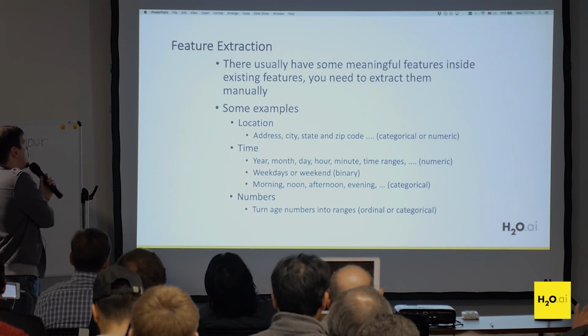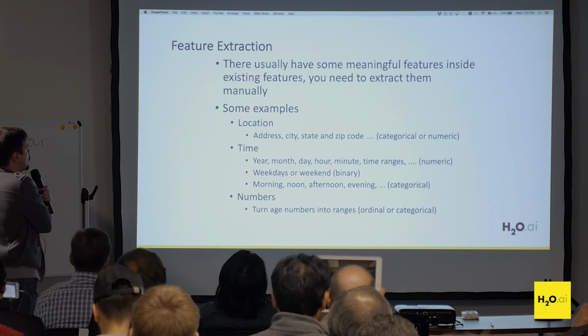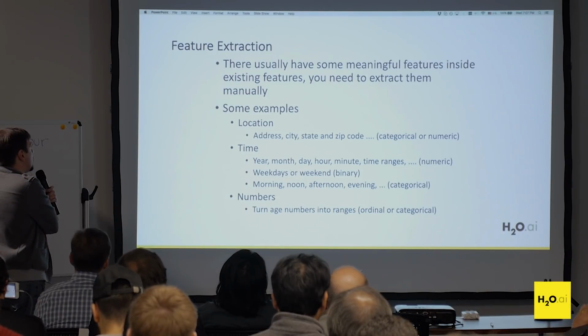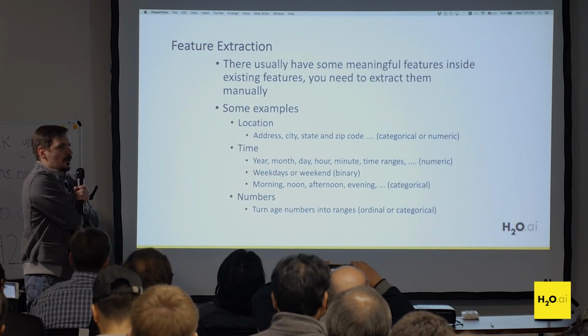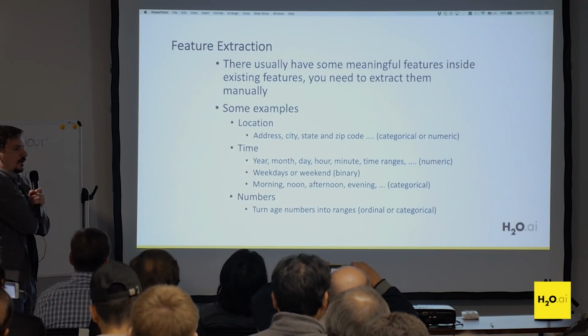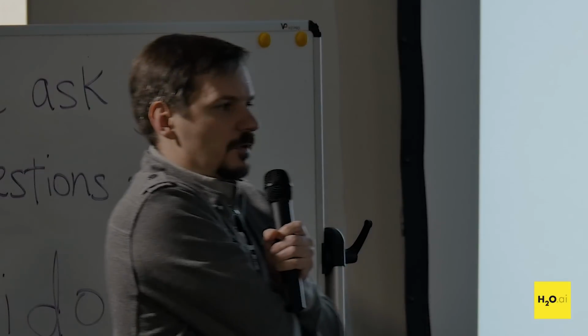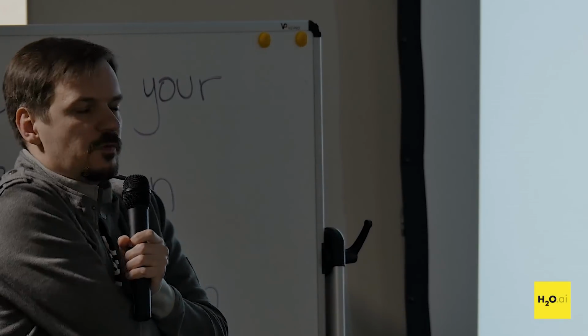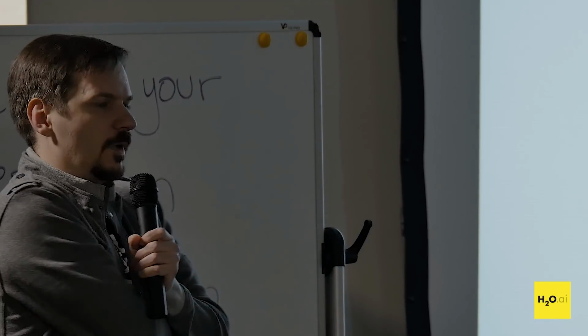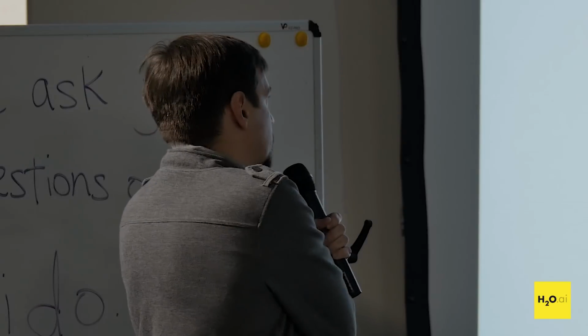So, feature extraction. Given the raw data, you would like to extract some features. For example, if you have GPS coordinates, you can download a third-party data set that maps GPS coordinates to zip codes. Knowing the zip code, you can get information about population or other statistical information.